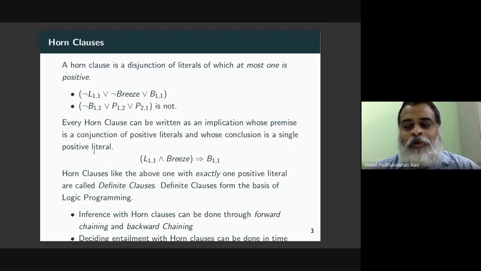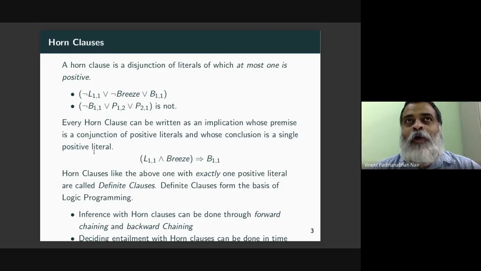And that later on came to be known as horn clauses. And then whenever people developed the logic programming language, they found this to be extremely useful. So that's the story behind horn clause.